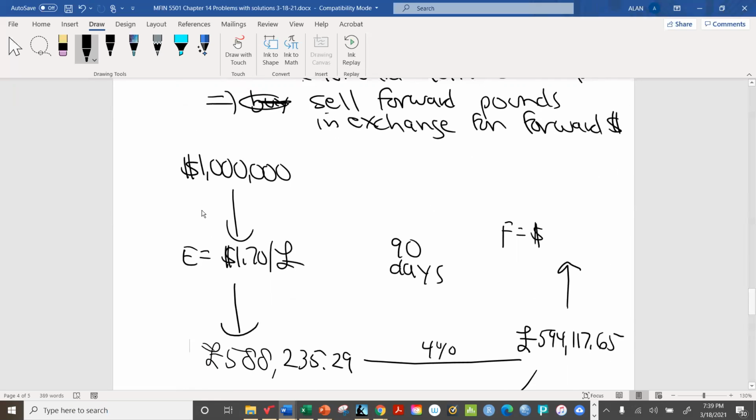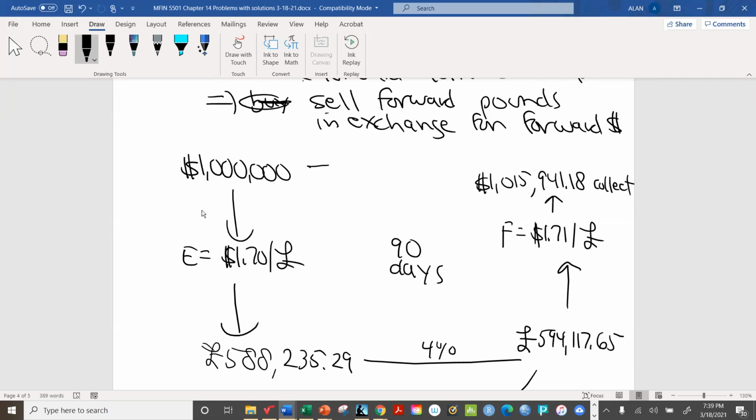We're going to get too many dollars back for each pound that we sell through this contract. So we're going to end up collecting, when you multiply these two together, $1,015,941.18, and that's what we collect.